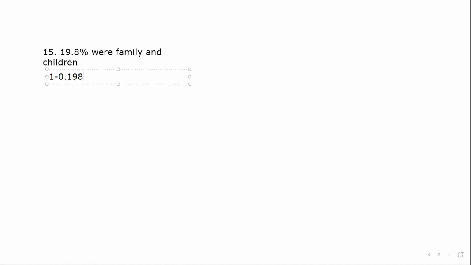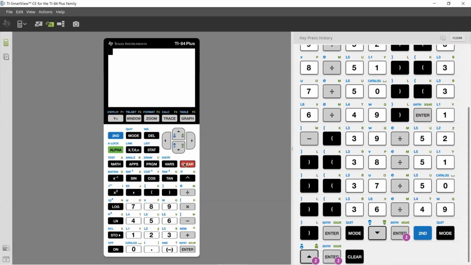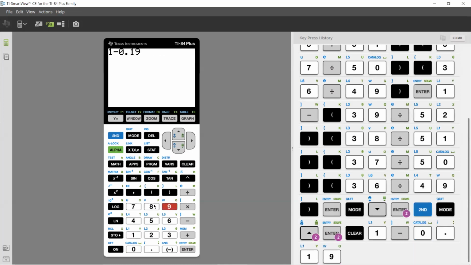Let me go to my other screen here. I'm going to say that this is 1 minus 0.198, and this is 0.802.